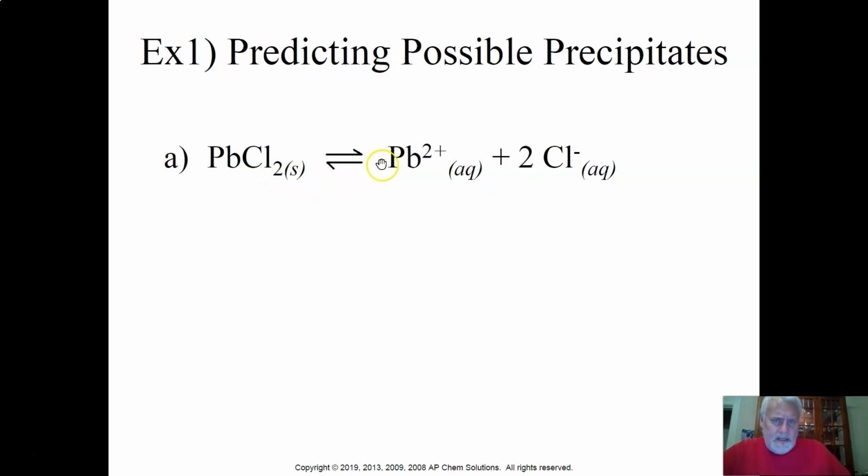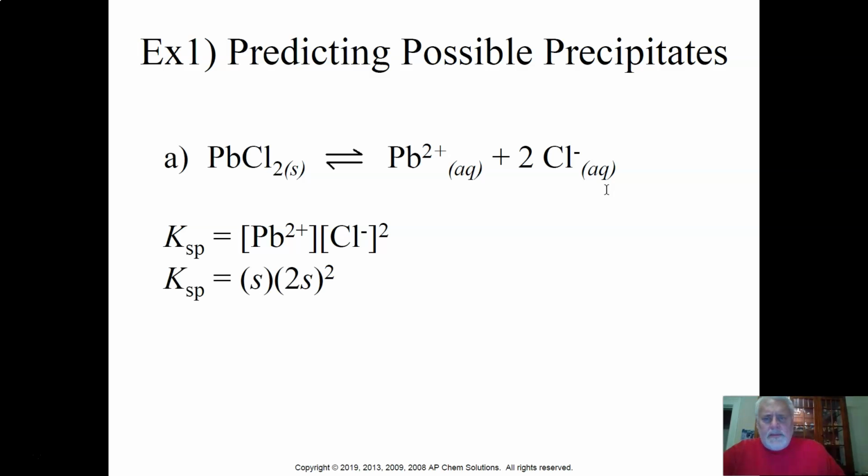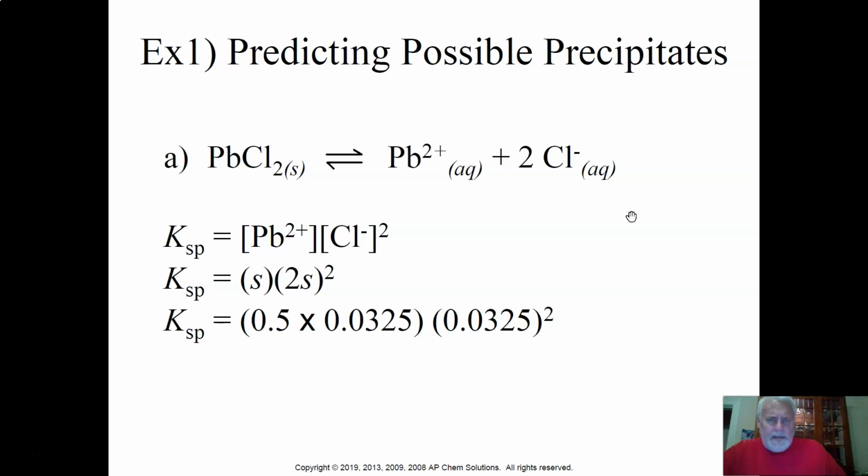Well, of course, the equation, and you've got to get really used to these, is the solid going into its aqueous ions. Writing the KSP is going to be required for you here, and then plugging in the S and 2S as we did in the previous example.